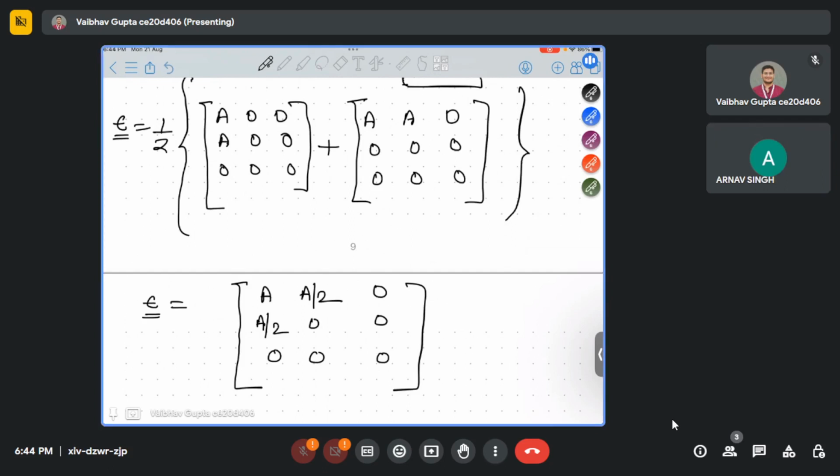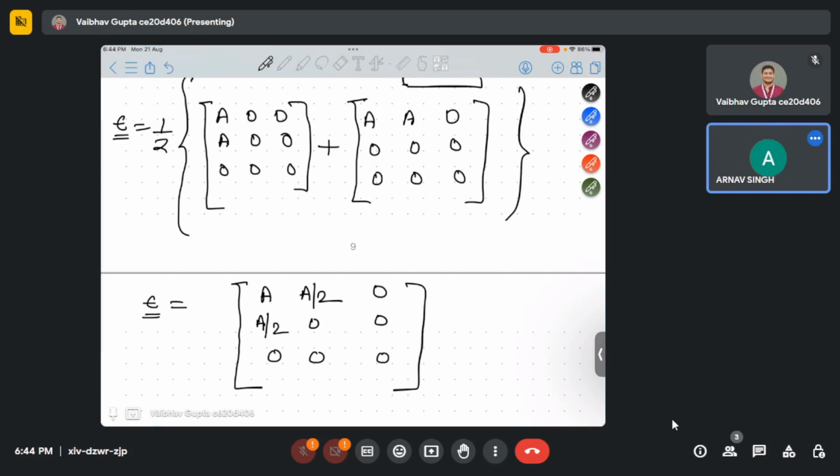So to find strain, you have to find out capital H. And to find capital H, you have to find the deformation gradient F, or you have to partially differentiate the displacement vector. Now you see why you want the deformation gradient every time.